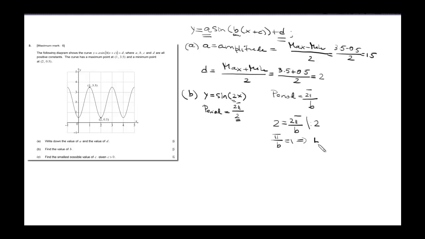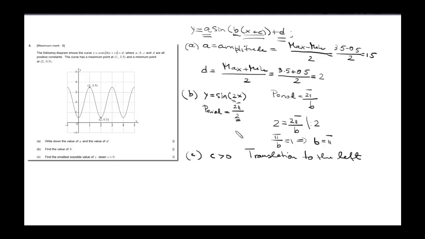Therefore, b is equal to pi. And for the third part, we are told that c is greater than 0. Therefore, my graph has been translated to the left in the negative x-axis direction. Translation to the left.